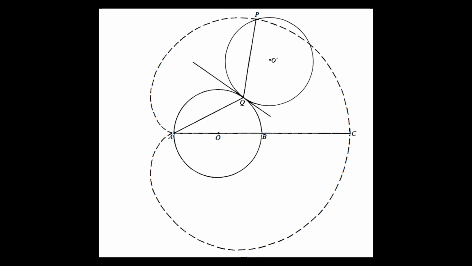Another way of looking at the cardioid, as we demonstrated, is that you have two circles. We have the base circle here, and we have another circle that is rotating around while rolling, and we get a fixed point P, the locus defined by point P is the cardioid.